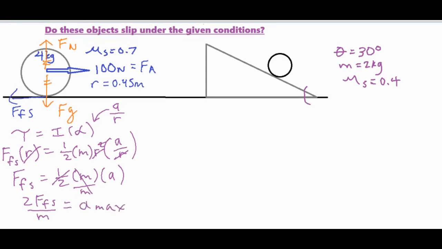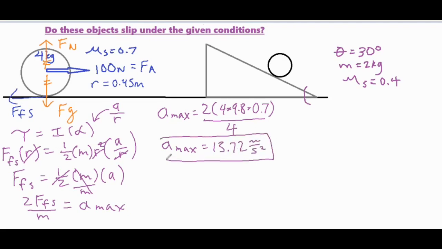And that's going to give us our maximum linear acceleration. So let's go ahead and solve that. Now that is the maximum acceleration that can be produced under these particular conditions.